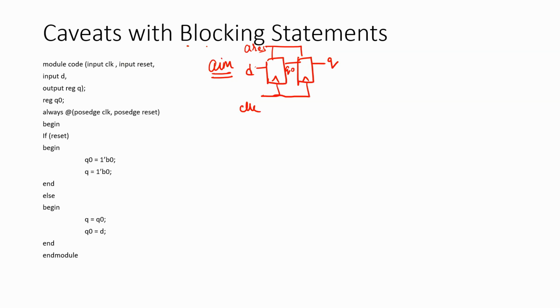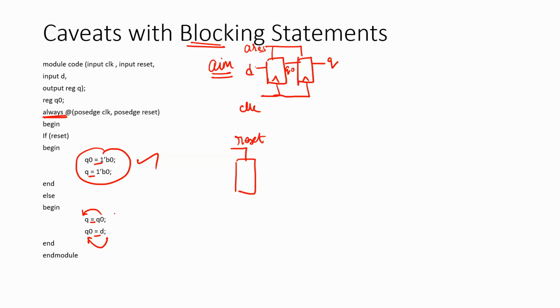Now let us see what happens. I am using a blocking statement. Clearly, inside the always block, I am using equal to make assignments. Now here there is no problem. Both are getting assigned 1'b0, and the asynchronous reset connection is happening here. Now look at this. I am assigning Q0 to Q first and then D to Q0, correct?